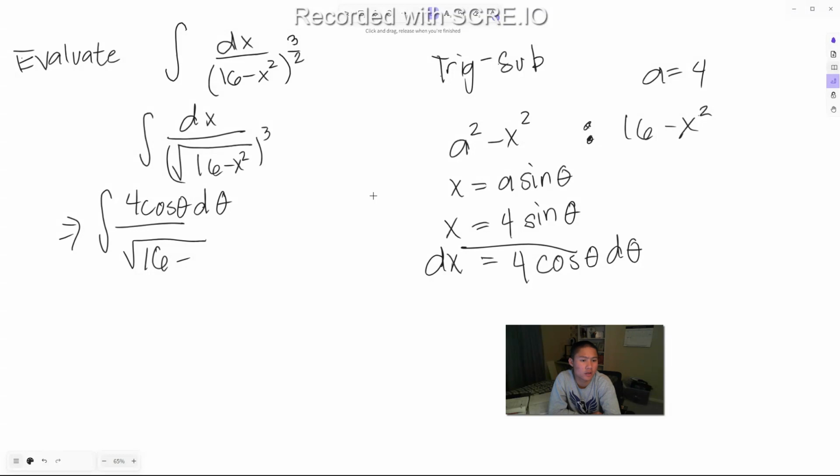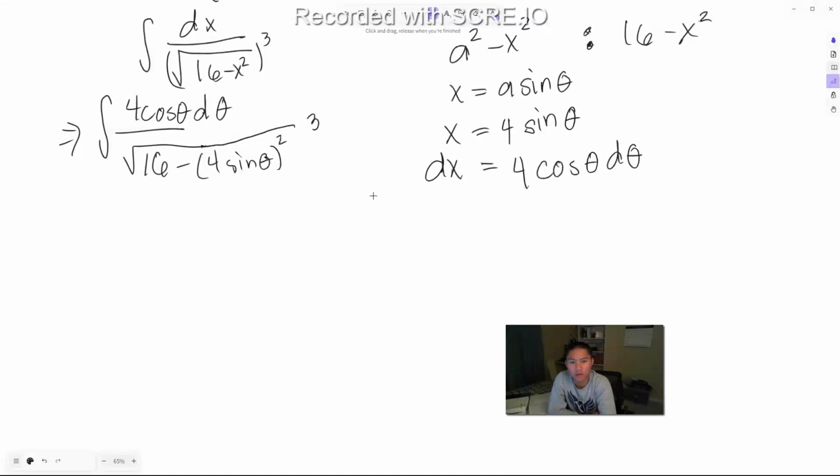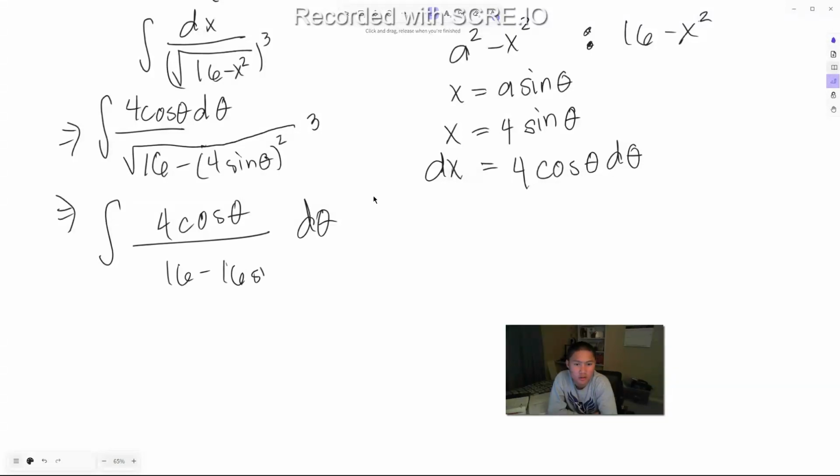Remember, x is this value right here, 4 sine theta, squared. Now let's scroll down and evaluate this. It'll be 4 cosine theta d theta over 16 minus 16 sine squared theta, and that would be square root and then cubed.